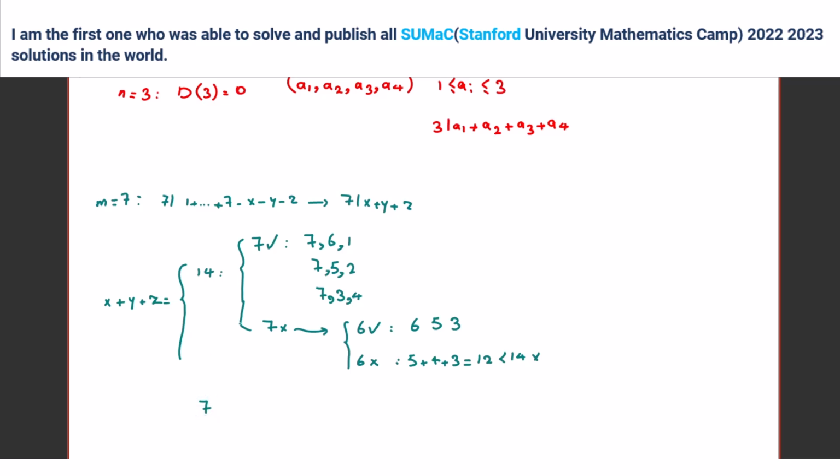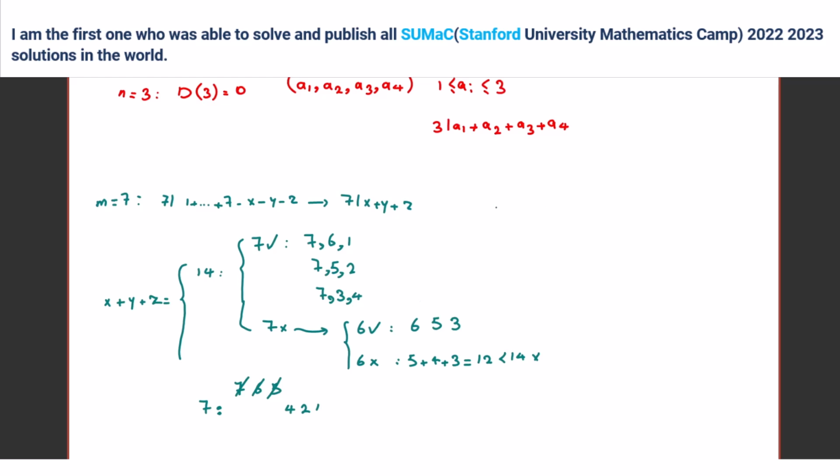When the sum is 7, we cannot select 7 and 6, right? So we also cannot select 5, because then it would be 5, 1, 1, right? If we don't select 4 either, it won't reach 7, it's 6. So we have to select 4. So you need 4, 2, 1 only, right?